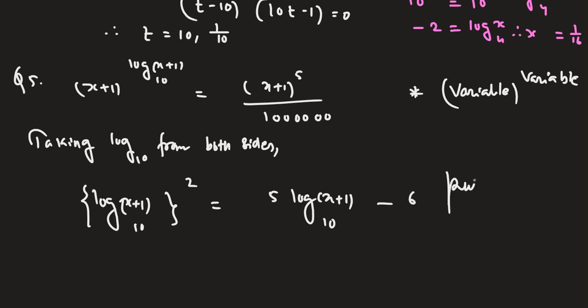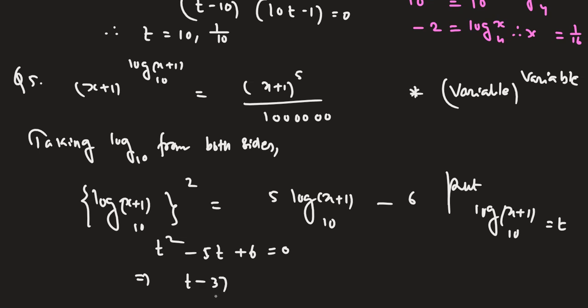Now put log of x plus 1 base 10 is equal to t. So what we have, t square minus 5t plus 6 is equal to 0. Simple middle term break we apply here, t minus 3 and t minus 2 is equal to 0. The value of t is either 3 or 2.